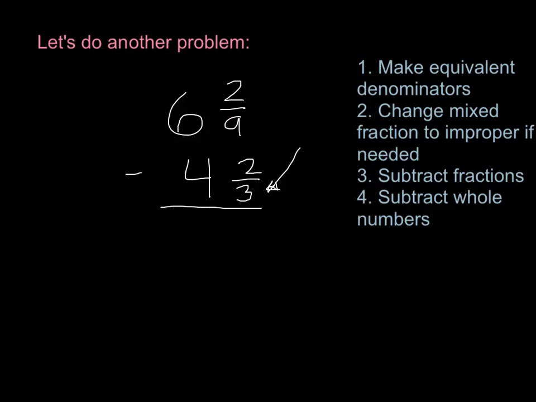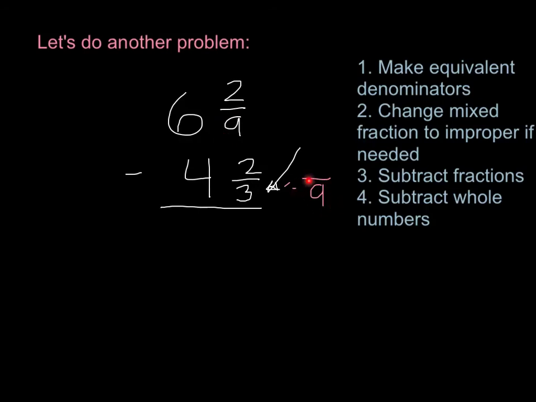So we're going to do another problem that is actually a little bit more challenging. And the reason why this problem is more challenging is we have denominators that are not the same. So the first thing you need to do is make equivalent denominators. I'm going to change this 4 2/3 into a fraction that has 9 as its denominator so that it equals the 9 on the fraction above it.